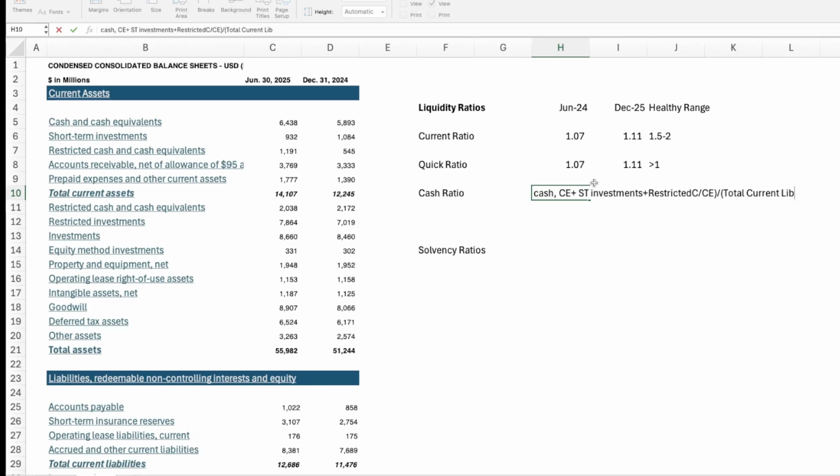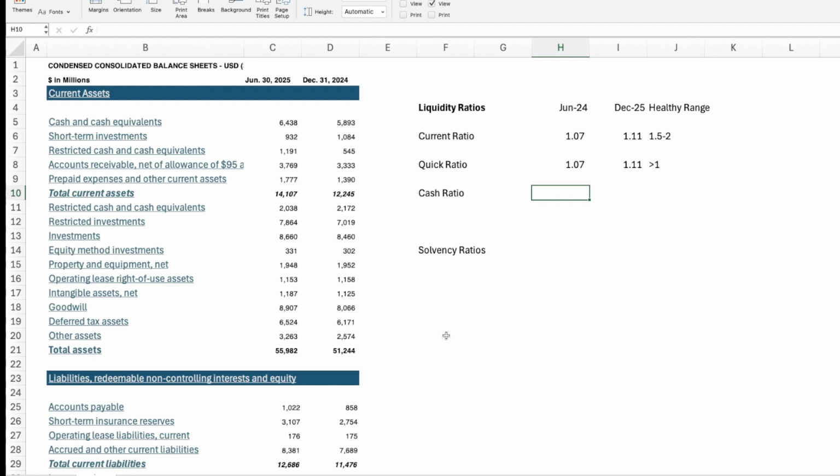This is the strictest ratio to measure liquidity. We're using the restricted ones because when it's restricted on the current side, it means that they will be available within the next year. And we're talking about Uber's ability to meet its liabilities for the next year.